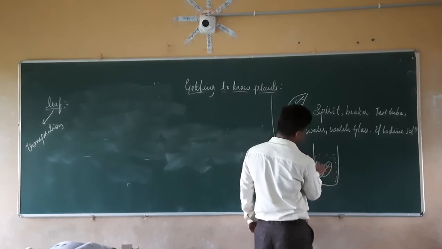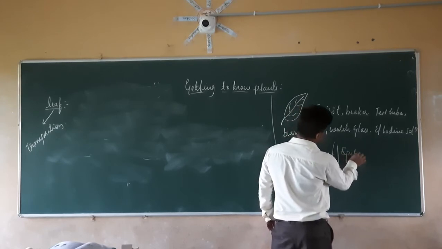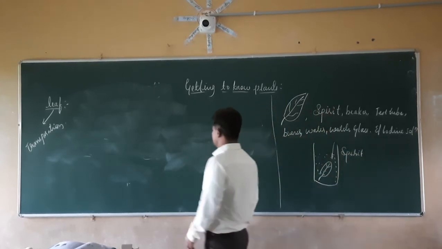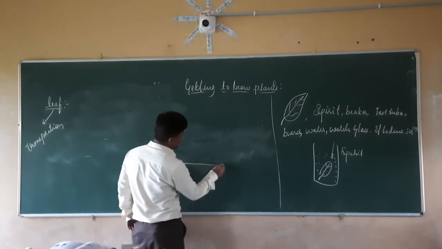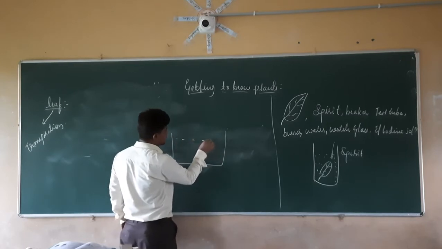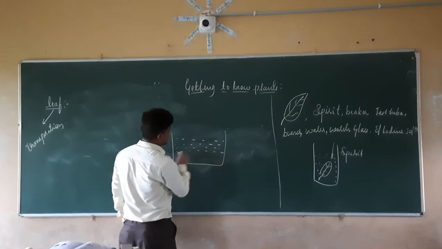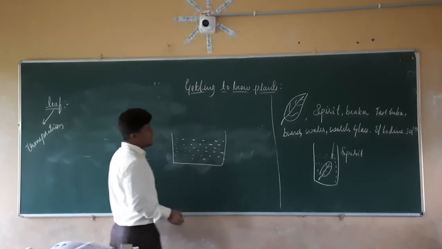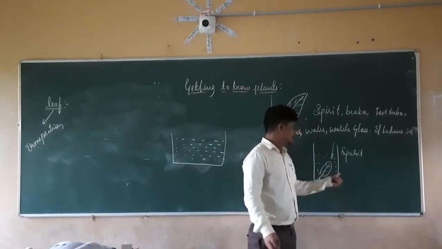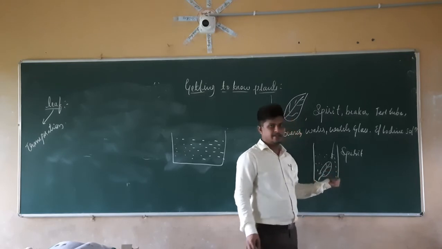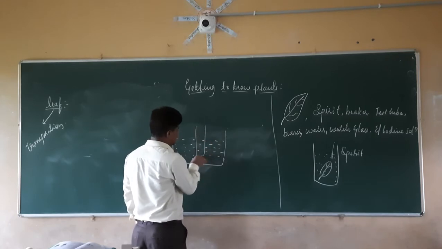Then we take another tumbler or beaker and add water to it. That test tube, with the spirit as well as the leaf, we are going to immerse in this water.